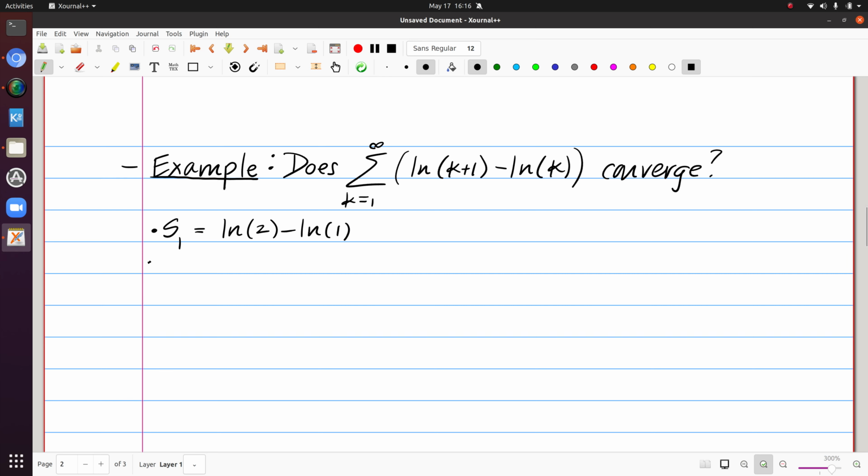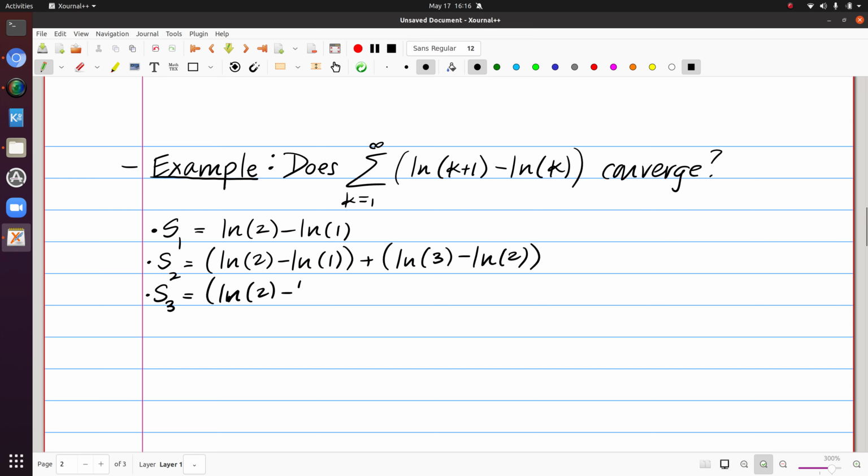And again, I'm not going to simplify. The sum of the first two terms would then tack on a log 3 minus log 2. The sum of the first three terms would be the same as the one above, plus the third term, which is natural log 4 minus natural log 3.